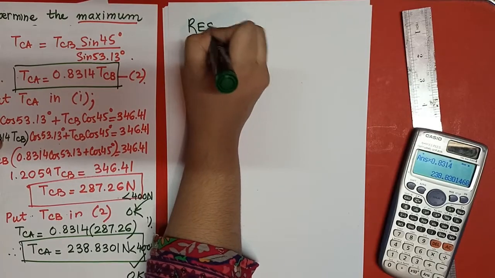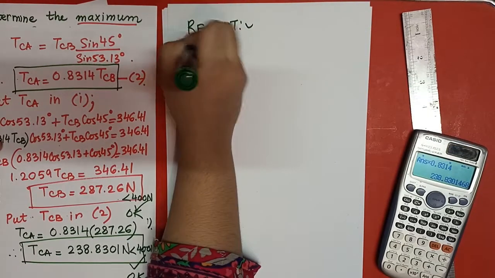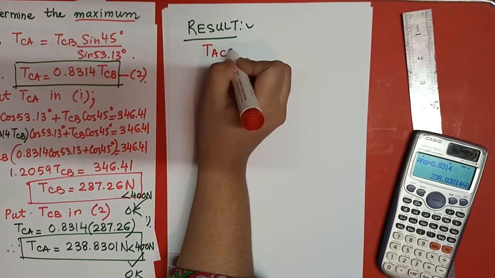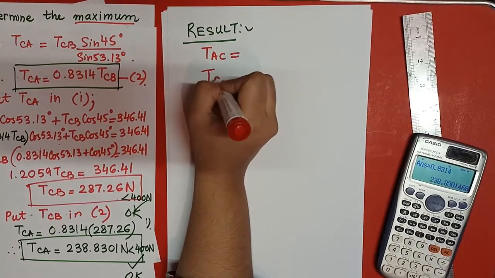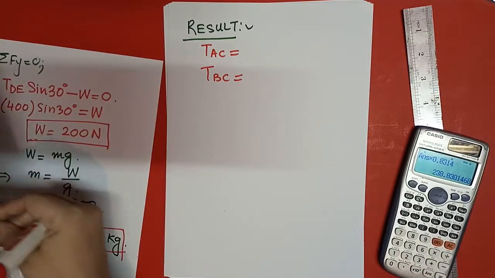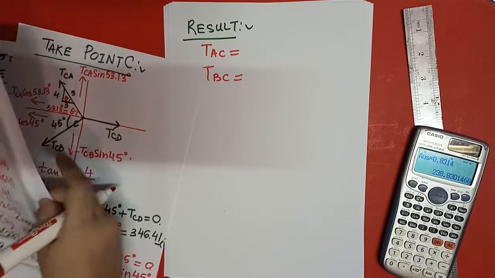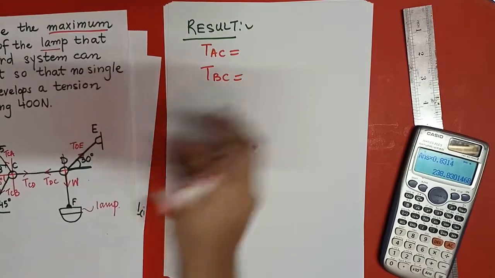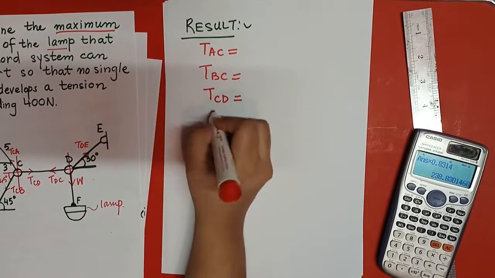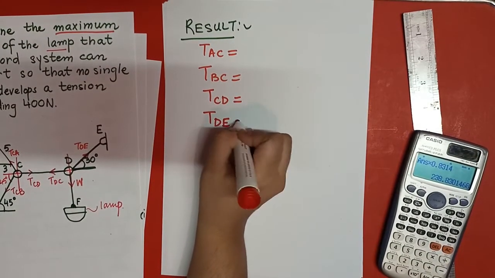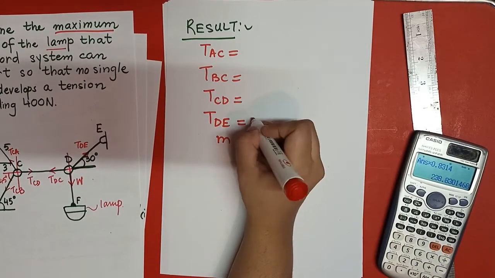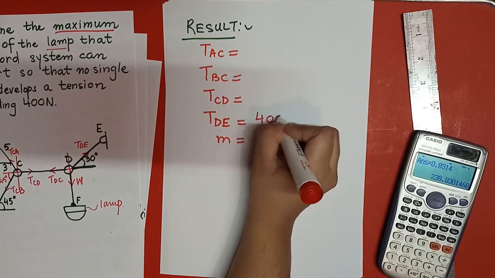How can I write the result? So what are the tensions we have calculated? For example, I am writing TAC, TBC, and TCD, which we have calculated, and you can also say TDC, and this is TDE which we have assumed, and there is mass which we have to calculate. So TDE value is 400 Newton which we have taken.